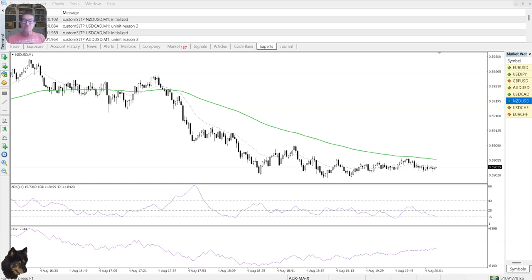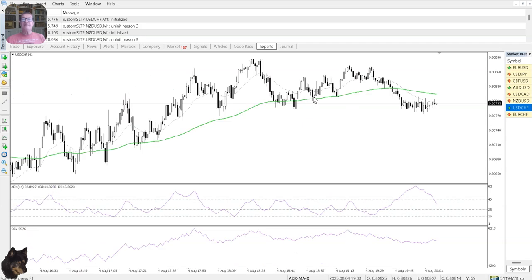Okay, let's do, for argument's sake, just one more, and there you go. And what do you see right off the bat? Well, kind of the same concept, right? If I were to draw my support line here, there you go. And the EMA is kind of down, but it's not very strong down.